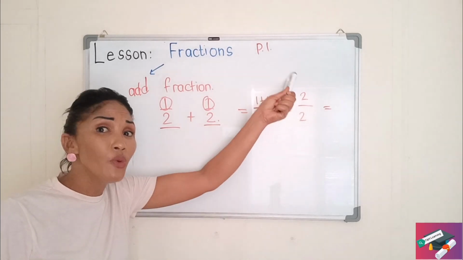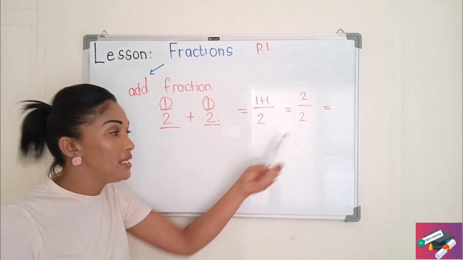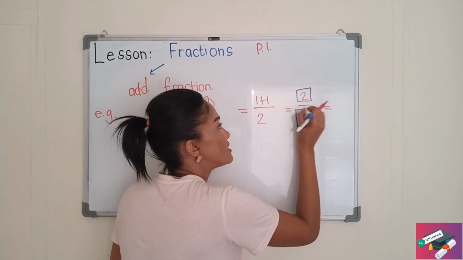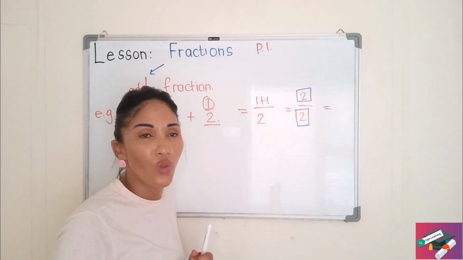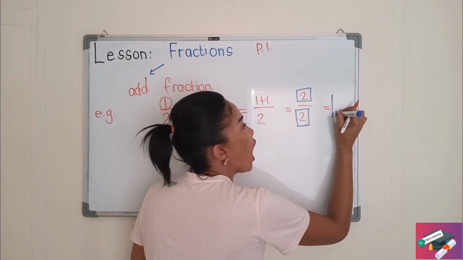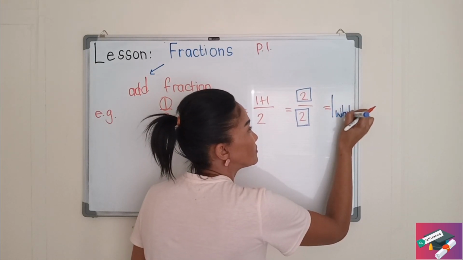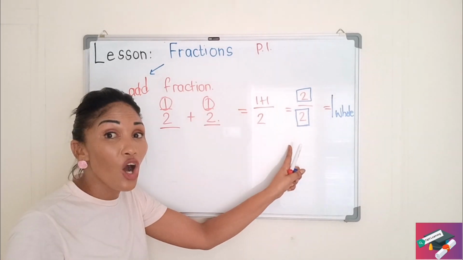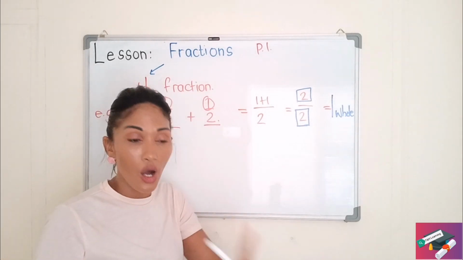Now when the numerator and the denominator are the same, we call them one whole. When the numerator and the denominator are the same, we call them one whole.